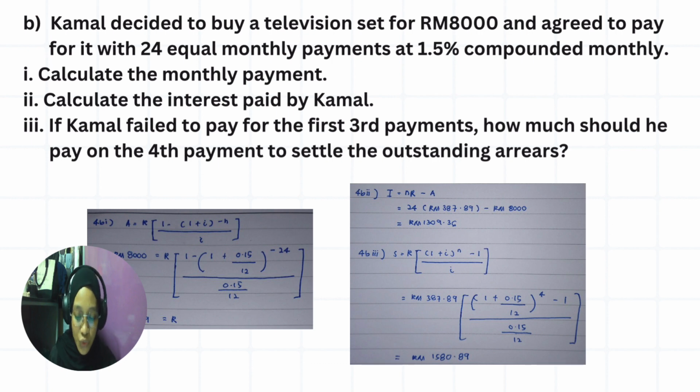For question B3, if Kamal failed to pay the first three payments, how much should he pay on the fourth payment to settle the outstanding arrears?